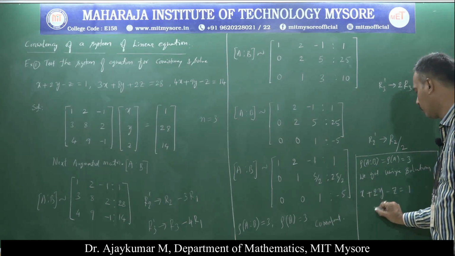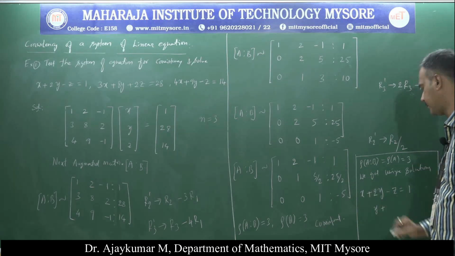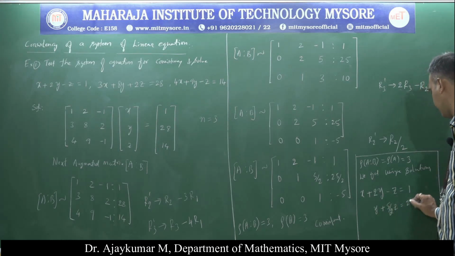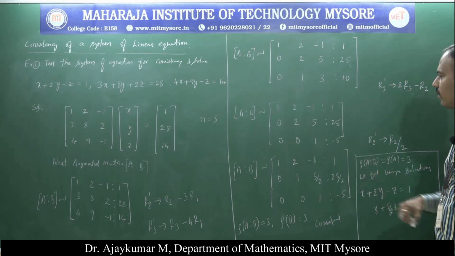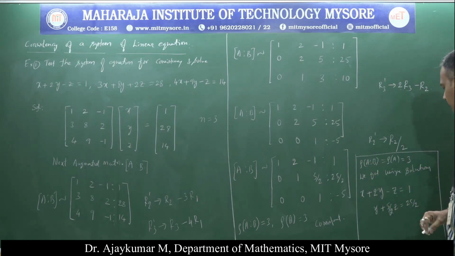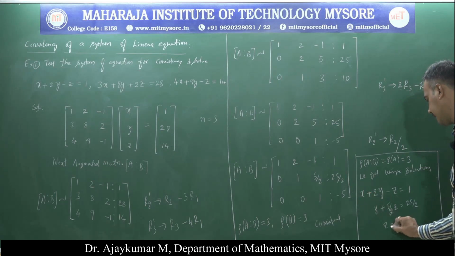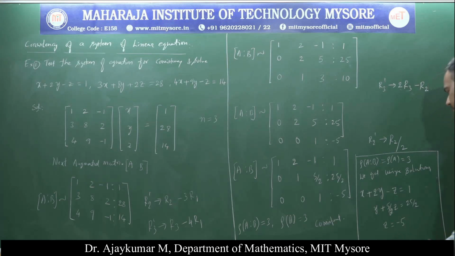The next one, y plus 5 by 2 z is equal to 25 by 2. Next, after simplification, z is equal to minus 5, which is already available here.